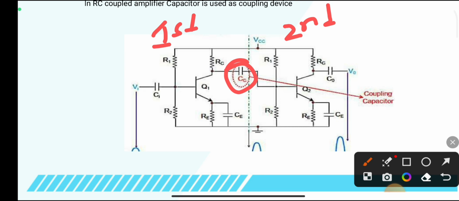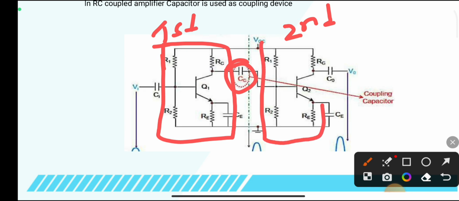Here in this circuit we have the voltage divider biasing circuit. Because of using this voltage divider biasing circuit, we get high stability and a proper operating point of the transistor.